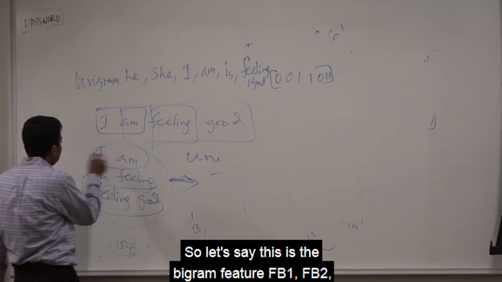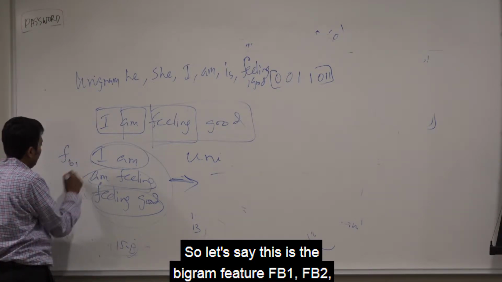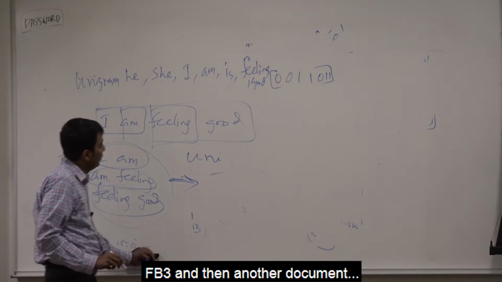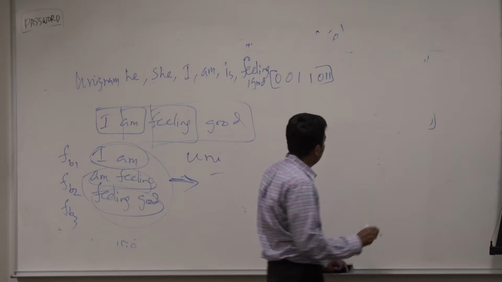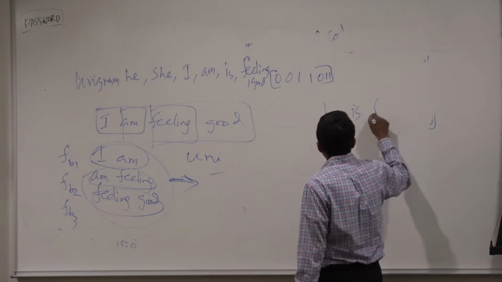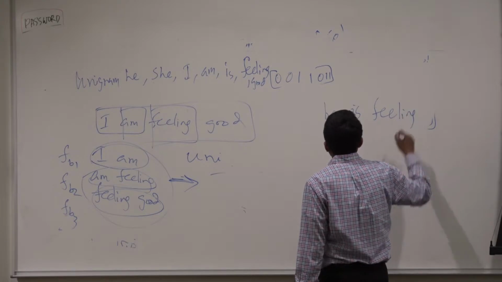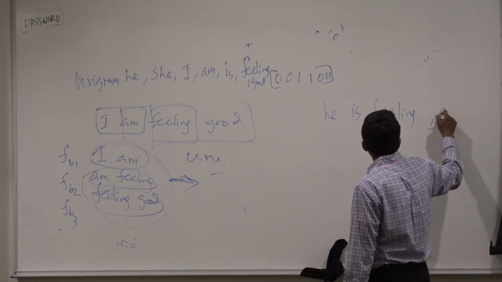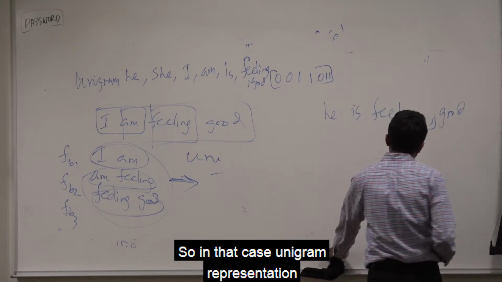So let's say these are the bigram features FB1, FB2, FB3, and then another sentence I have: "he is feeling good" also.